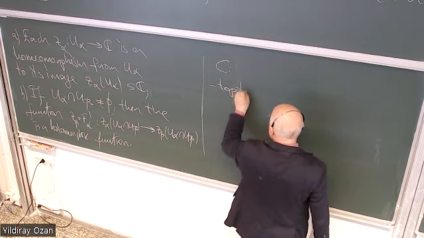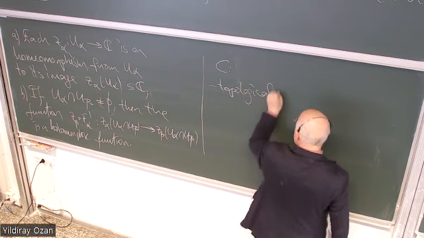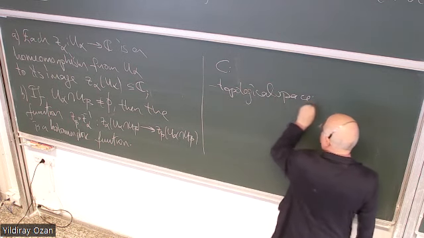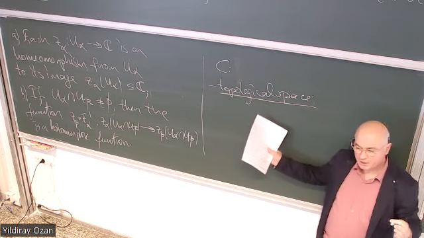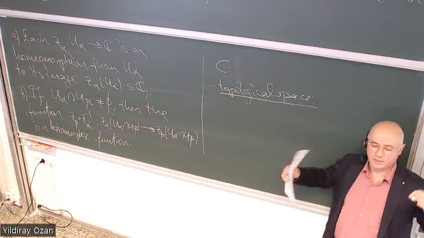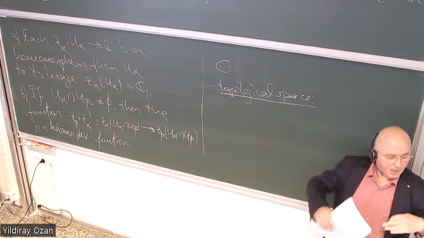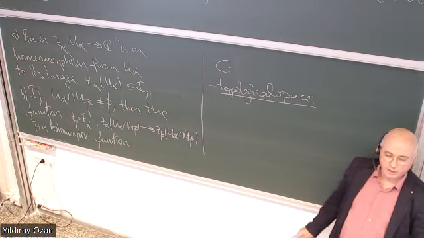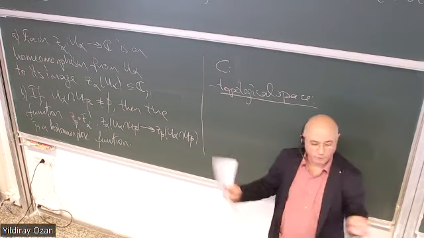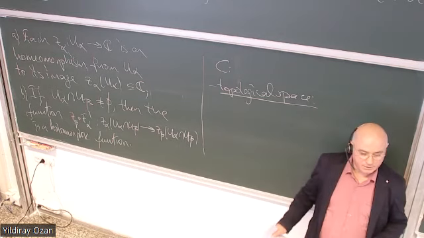Topological space. So what's a topological space? You may consider it as a metric space. So you have open sets and closed sets and everything, but you don't have a metric. Okay, forget the metric, but you have everything else.